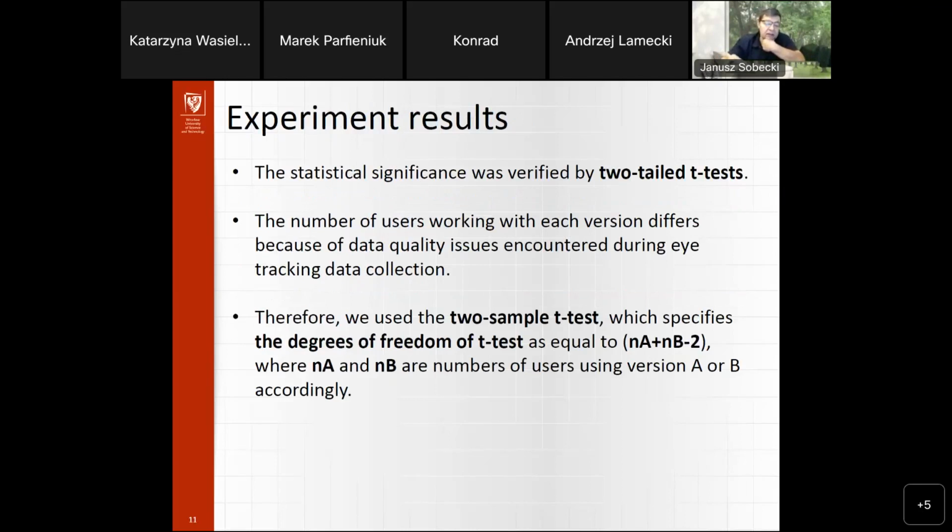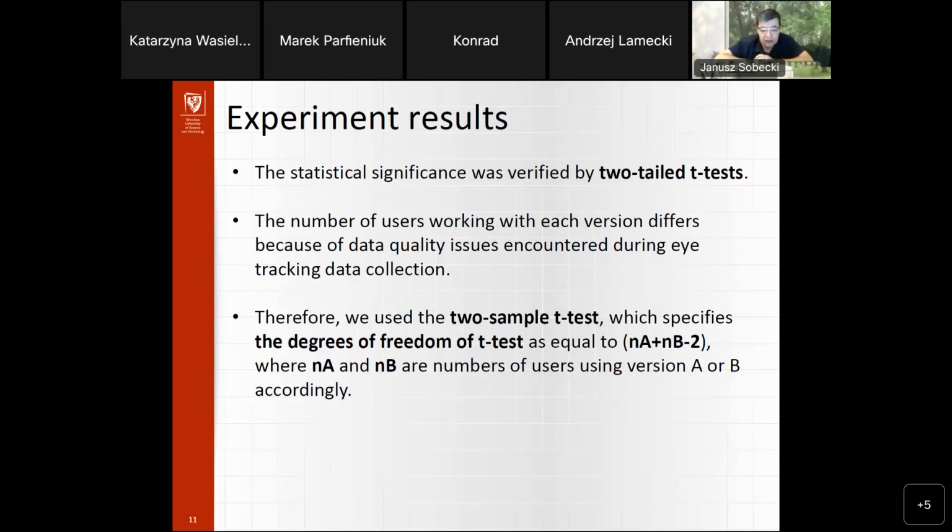So in the experiment results, we verified the statistical significance. It happens that we could not use all the results because in some cases we could not register all the measures in the proper quality.